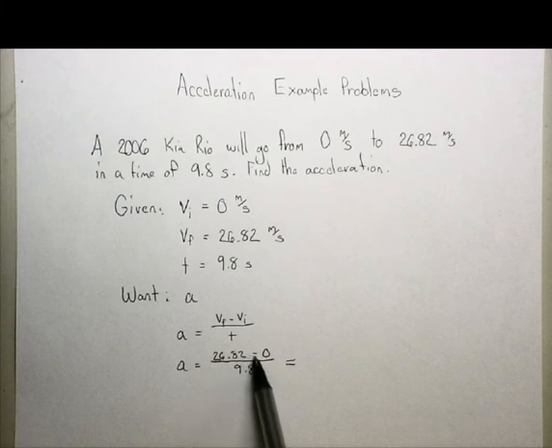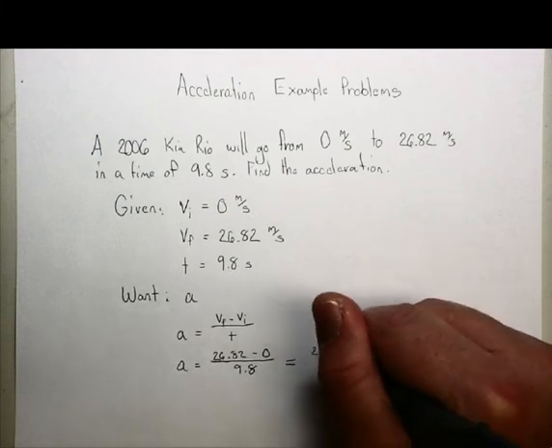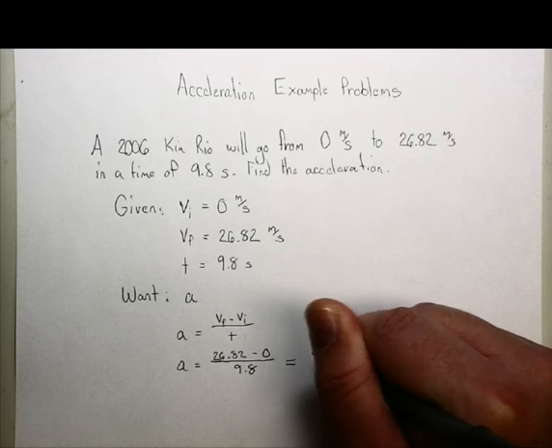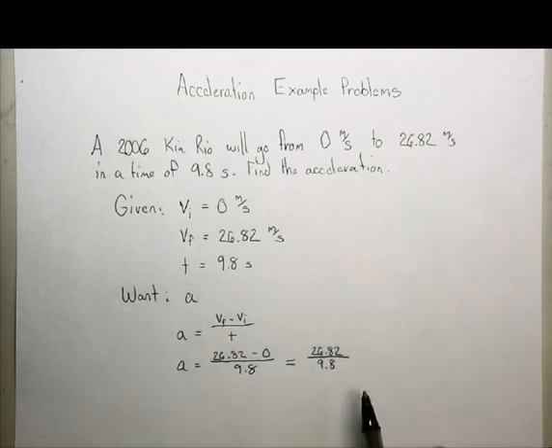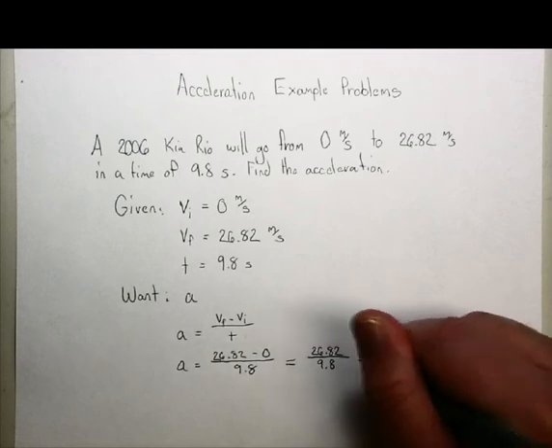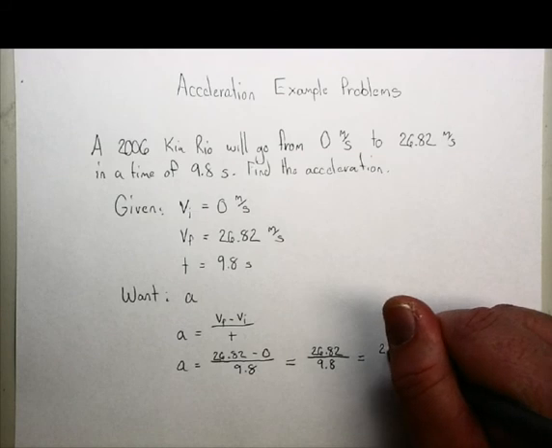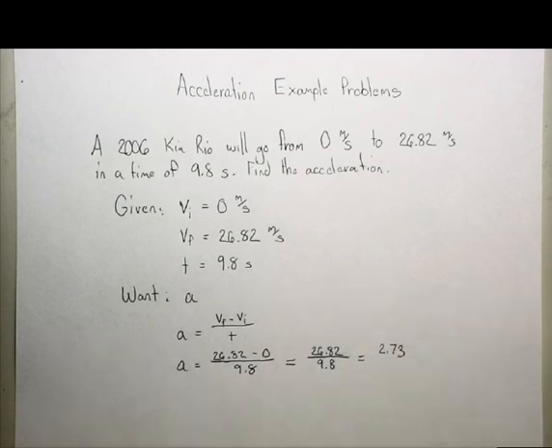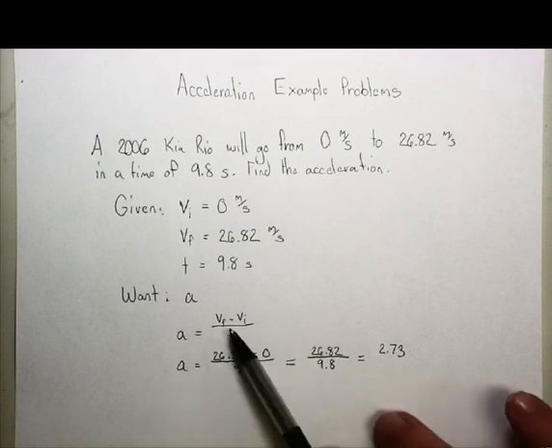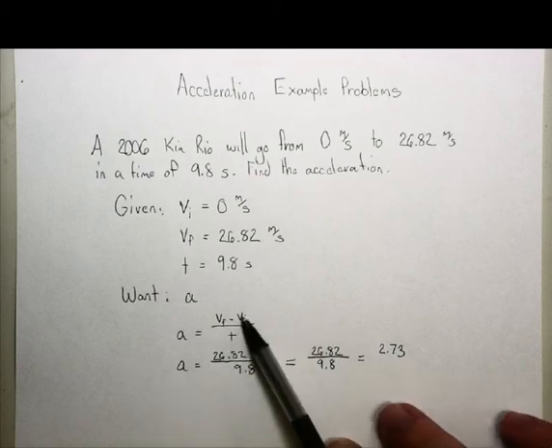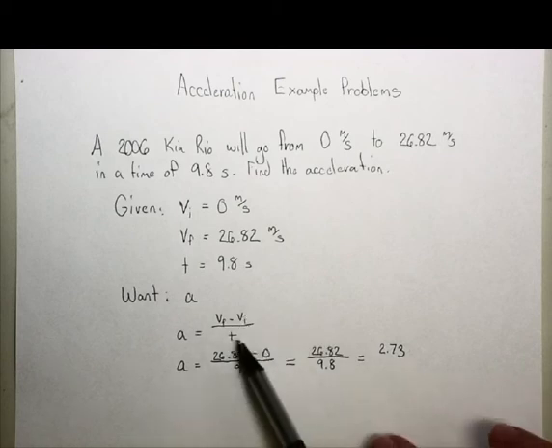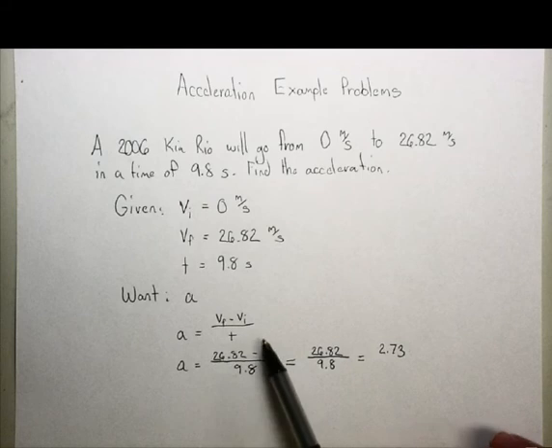So 26.82 minus 0 is 26.82 divided by 9.8, and now this is just a simple math problem, 26.82 divided by 9.8, which gives us an acceleration of 2.73. And now let's talk about units for a second. Up in the top of this, we've got a speed minus a speed. And so the units that we get on top are units of speed.